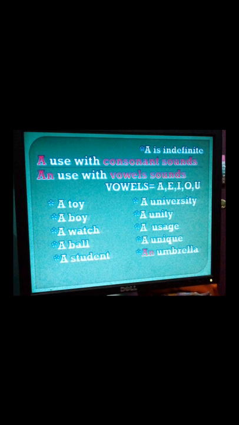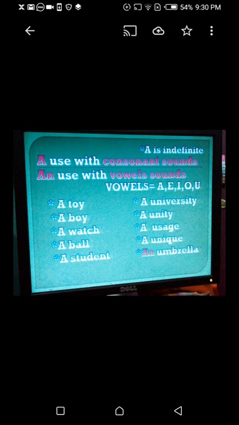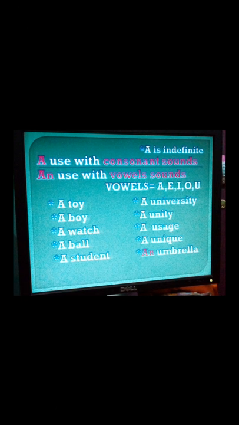Unique is also a consonant sound, so we use a. Why did I put an before umbrella? Because for umbrella the sound begins with a vowel. The first sound is a, so we use an.